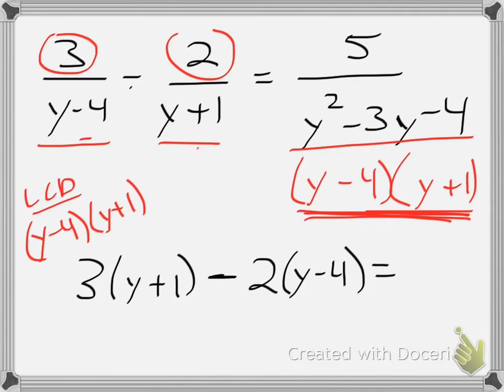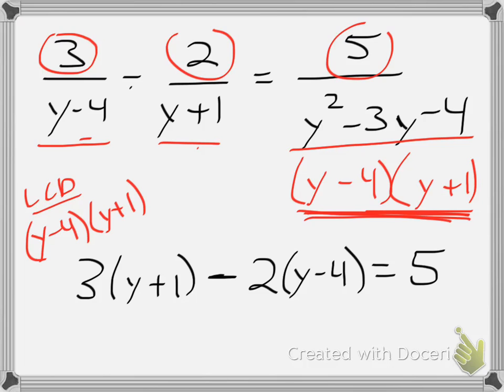So looking at my factored form instead, when I compare that to the least common denominator, it's the same thing, so it's not missing anything. In that case, I'll just take my numerator as is. So from that, I have this new equation that I will use to solve the problem: 3 times the quantity y plus 1 minus 2 times the quantity y minus 4 equals 5.